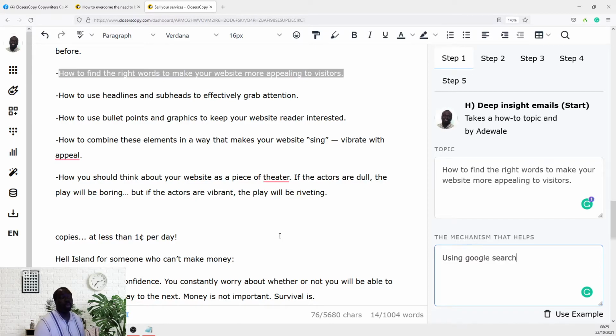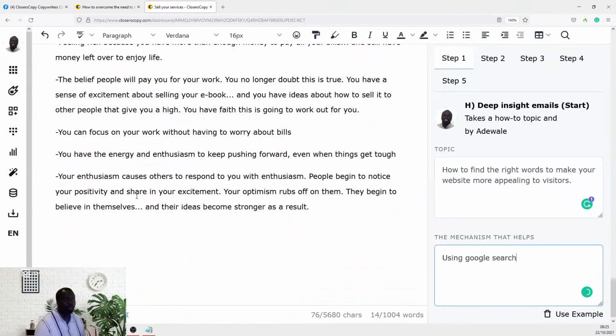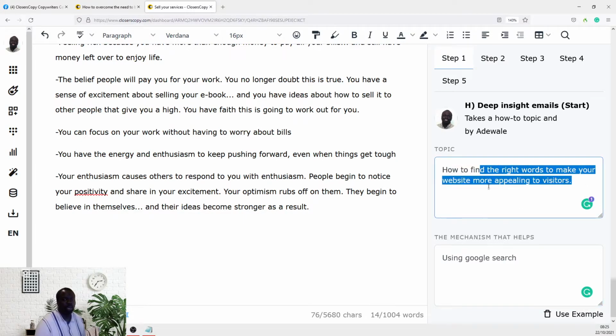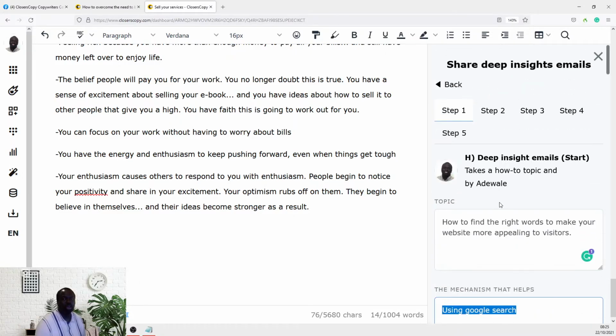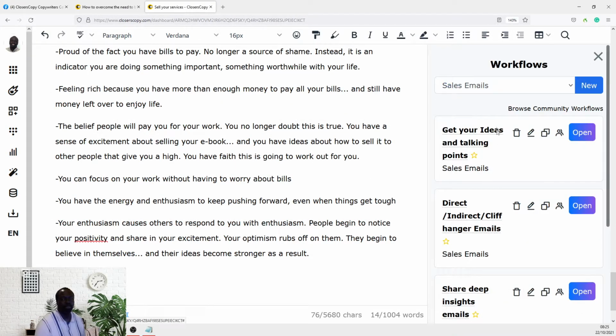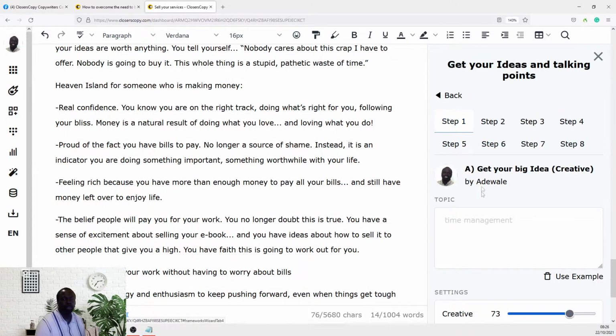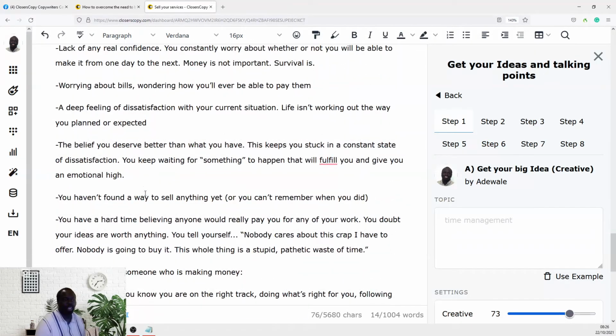So what you're really doing here is you pick any of the angles to write about, and then you decide, okay, what kind of mechanism will help with this. If you don't know what kind of mechanisms will help with this, you can go to the very first step here, and put in that sentence there.